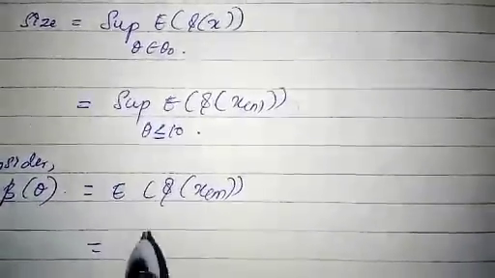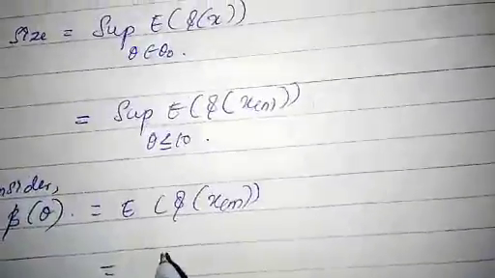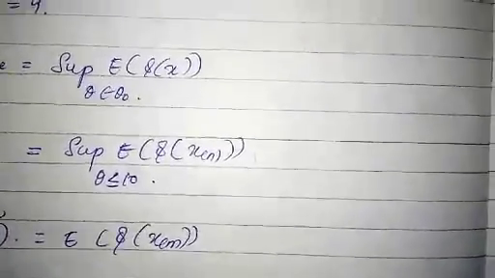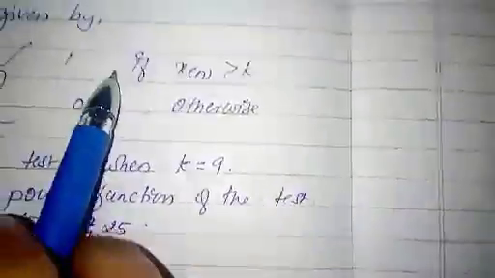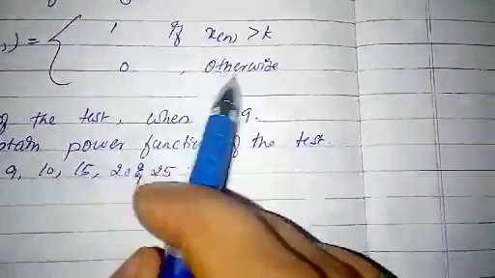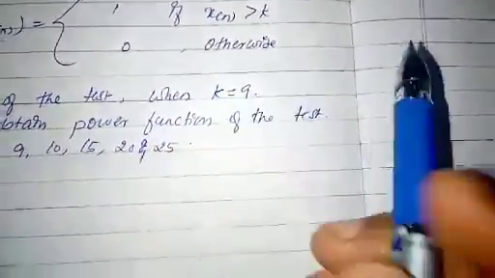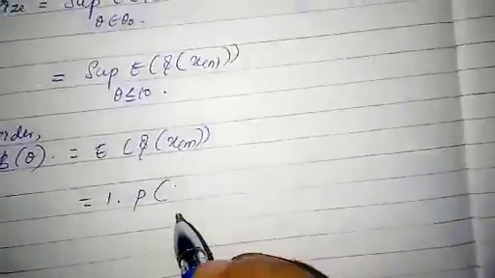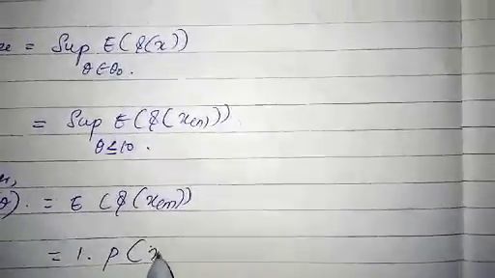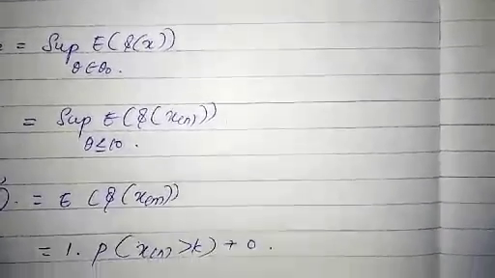Which is equal to 1 into probability of Xn greater than k plus 0 into probability of Xn less than or equal to k, right? So here expectation of phi of Xn equal to 1 into probability of Xn greater than k plus 0, right?